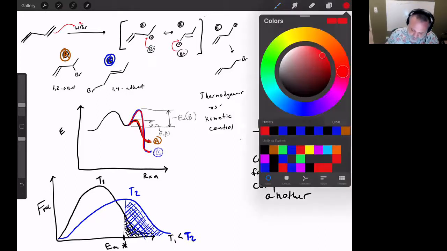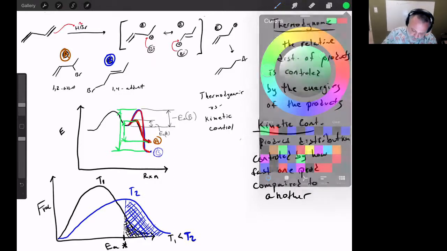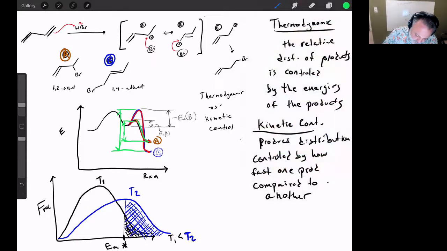And so if I were to think about the activation energies of the reverse reactions, there's this one, and there's this one. So as I increase the temperature, I start to have enough molecules that can overcome the reverse reaction activation barrier and reform the carbocation. Then if I had enough energy to go that way, then I certainly have enough energy to go back this way.